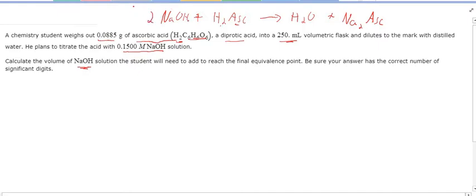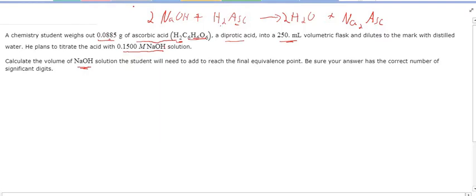So I have 2 sodium hydroxide there, I have Na2 ascorbate there, and then to totally balance that, that'd be a 2 right there. So I have 2 oxygens, I have 4 hydrogens, 2 sodiums, and an ascorbate. Alright, so there's my chemistry that's going to go on right there.